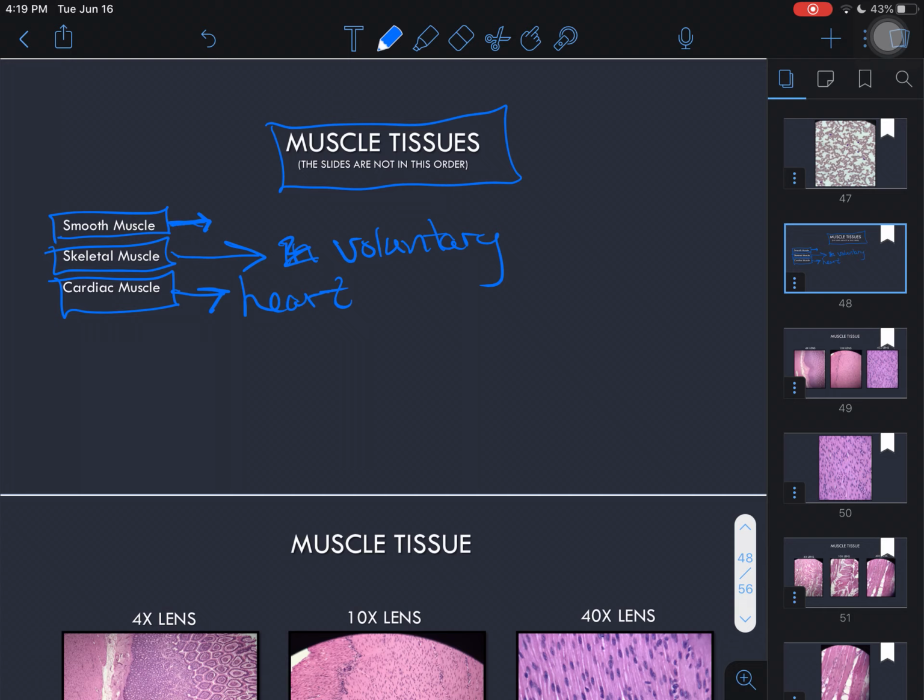Smooth muscle, do I have any control over whether or not my blood vessels are going to push blood to my tissues? Not through my brain, right? So it's unconscious and involuntary. Same thing with cardiac muscle, but cardiac, because it's the heart, has a different type of cell. And you'll get into that next semester.